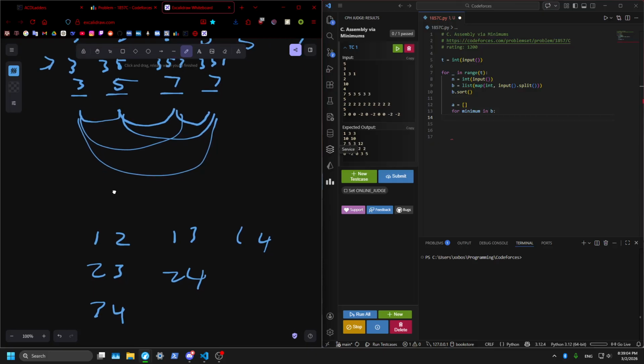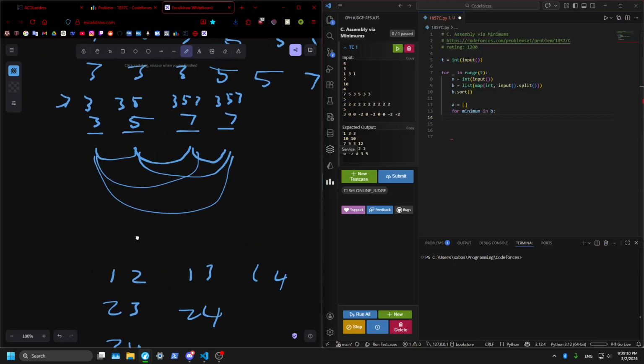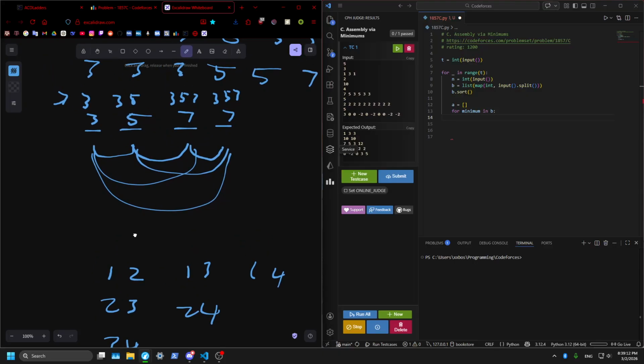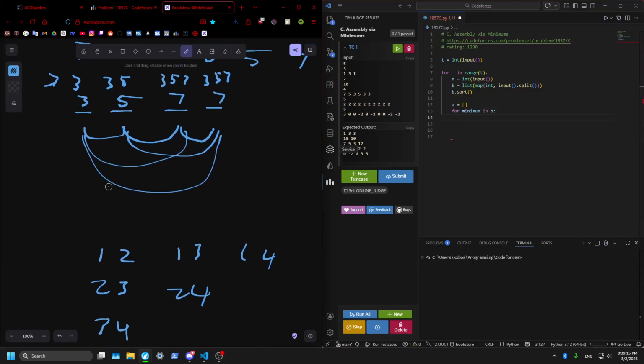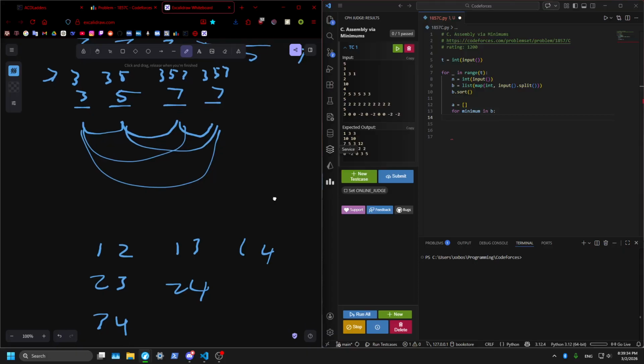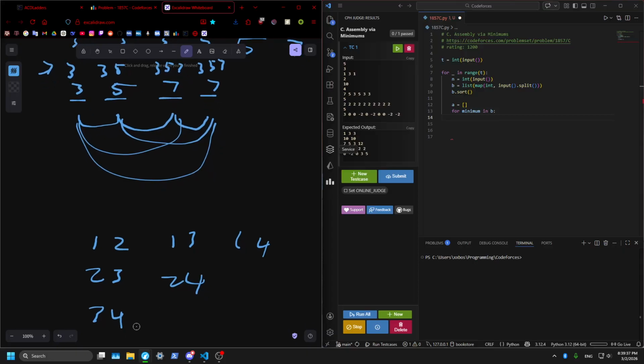First number is allowed to be everything. Second number is everything to the end. And then 3 and 4 are allowed.